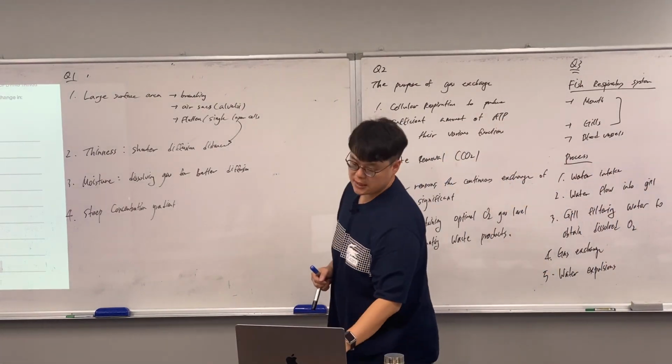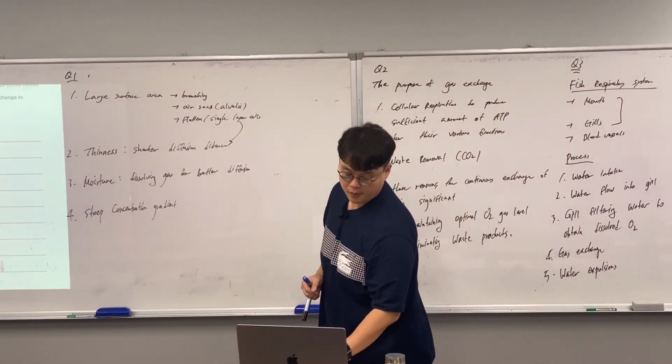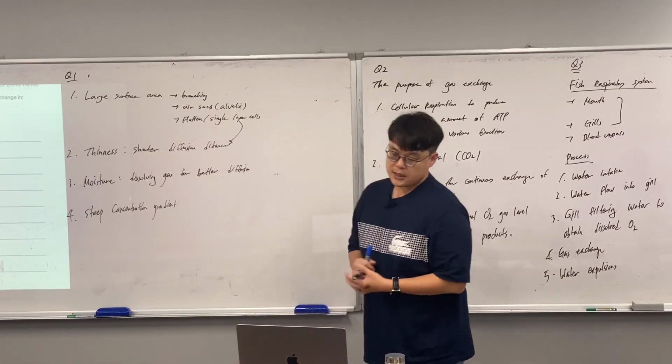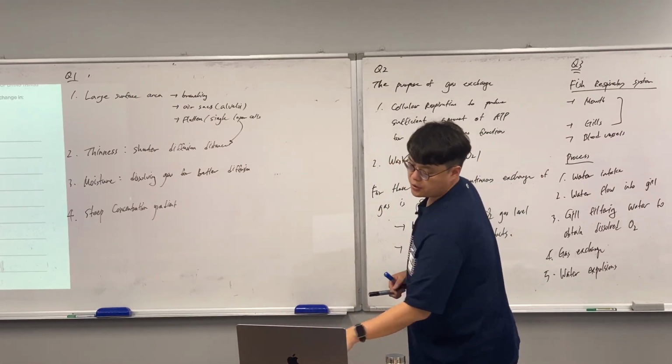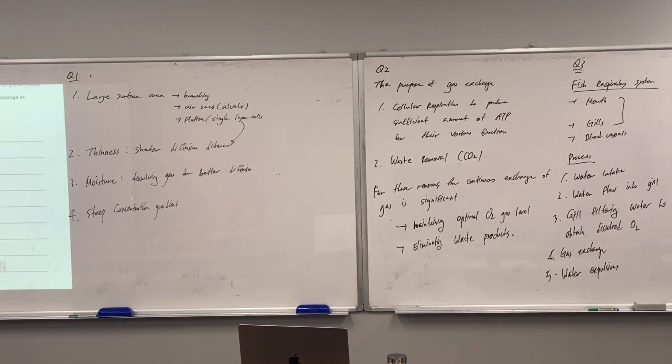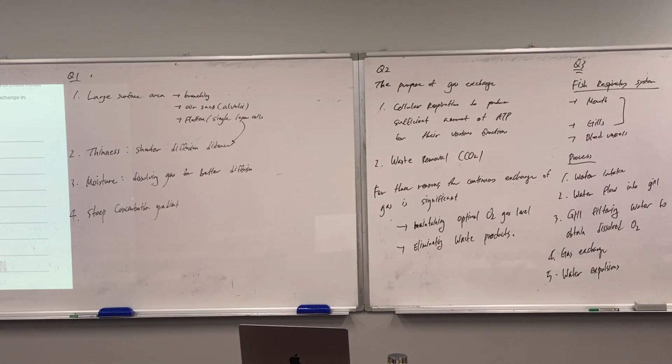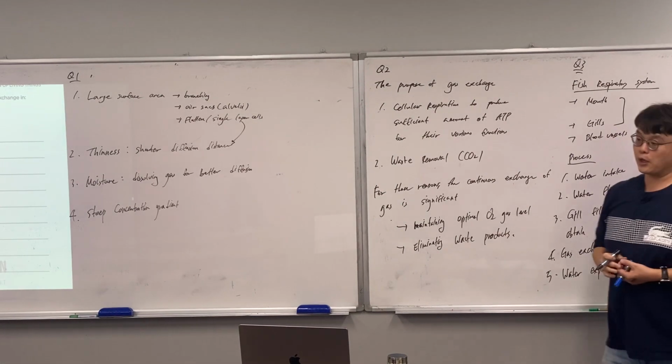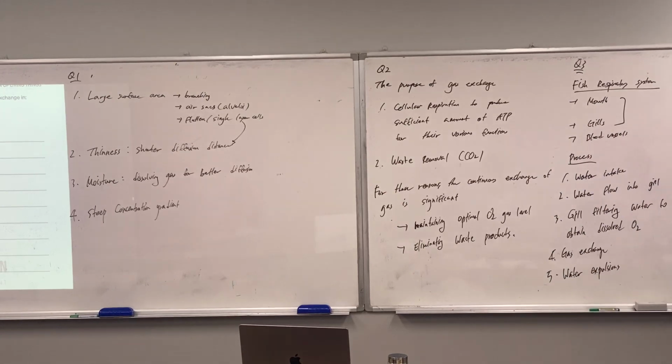What about the insect? Insects have slightly different structures than mammals or fish. So, the insect respiratory system. First, they have a tracheal system, T-R-A, tracheal.